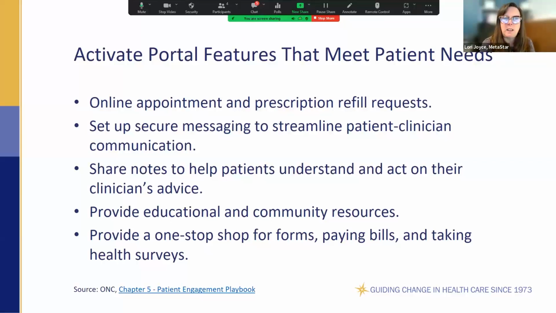And really providing that one-stop shop for forms, paying bills, taking health surveys, doing all of that paperwork in advance. I know I really appreciate that, being a busy mom. Most of the time, they're saying, oh, come 15 minutes early, and I'm lucky if I can get there in 5 minutes early for the appointment, and being able to do all of the paperwork at home and the portal really helps things.